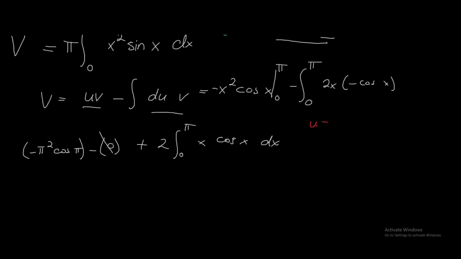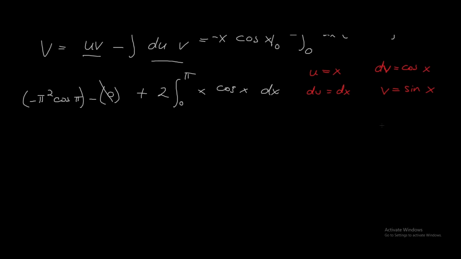Now our u is going to be x. Our du will just be dx. Our dv will be cosine x this time. And v, I'll make this a sharper v, our v will be sine of x. Okay, so now let's break down this integral. So this is set. We'll hold on to this, keep it for later.